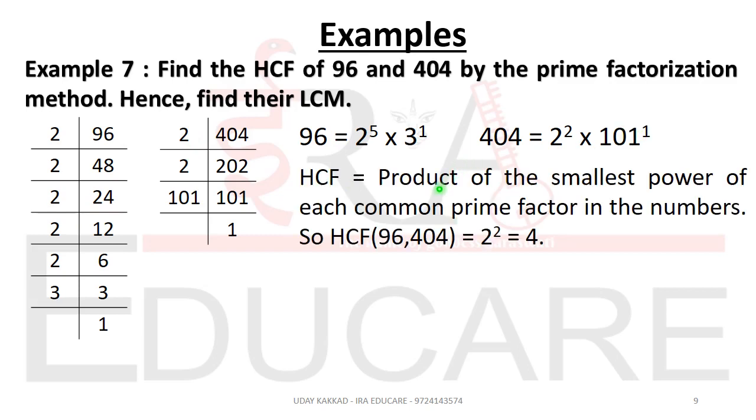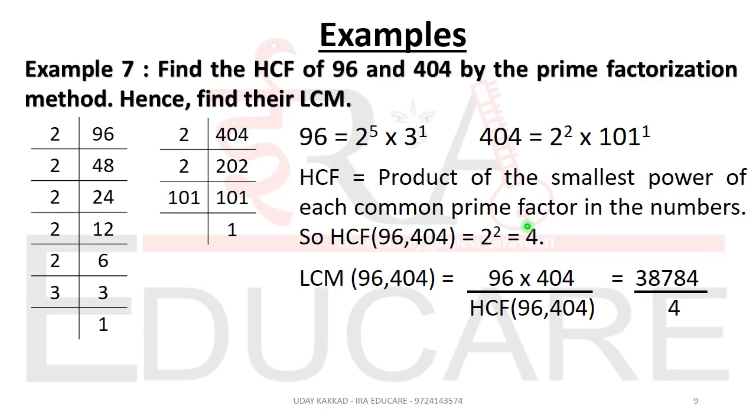Now HCF is, again remember, the product of the smallest power of common prime factors. So here the common is 2 and 2, and which is the smallest power? 2. So 2 raised to 2 is the HCF of 96 and 404. So that is 4, right? And LCM is found using the previous rule.